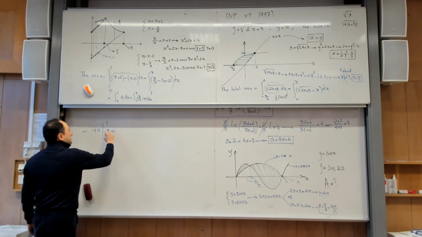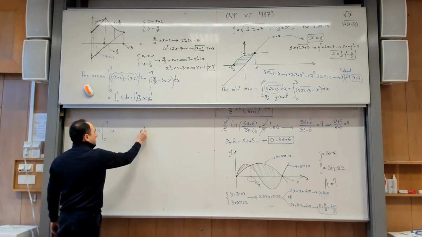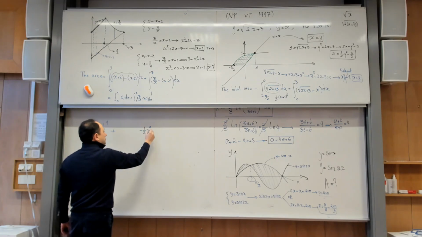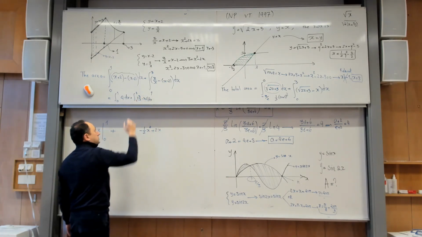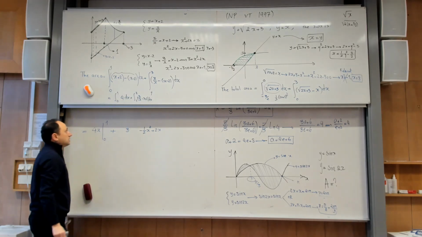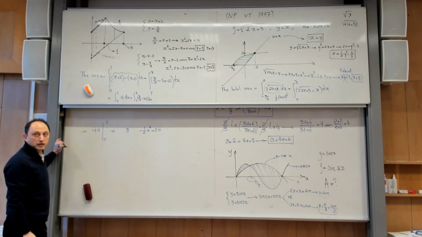Then plus, okay, a primitive function for minus x is minus a half x squared. A primitive function for 2 is just 2x. But do you remember what is a primitive function for 3 over x? 3 is a multiplicative constant, so 1 over x. What is a primitive function for 1 over x?